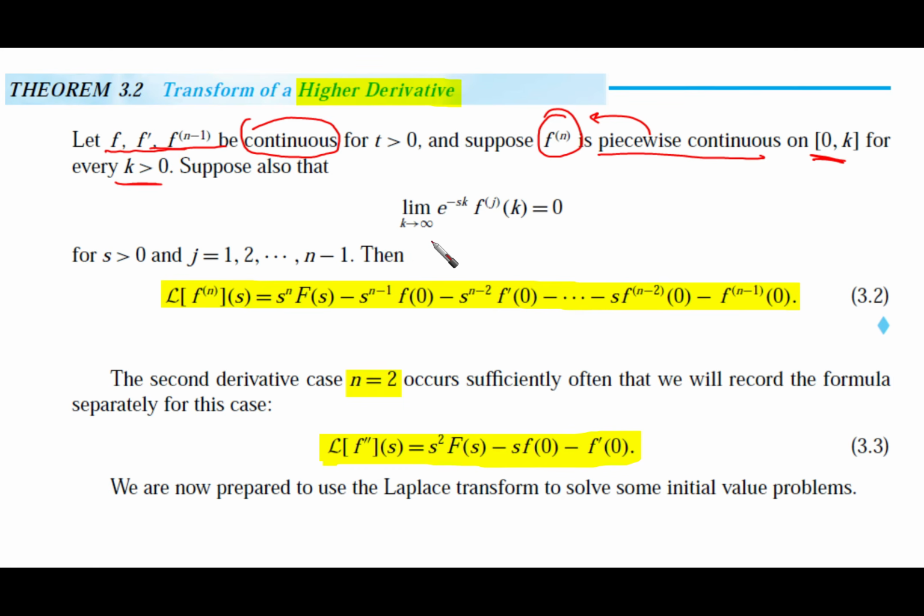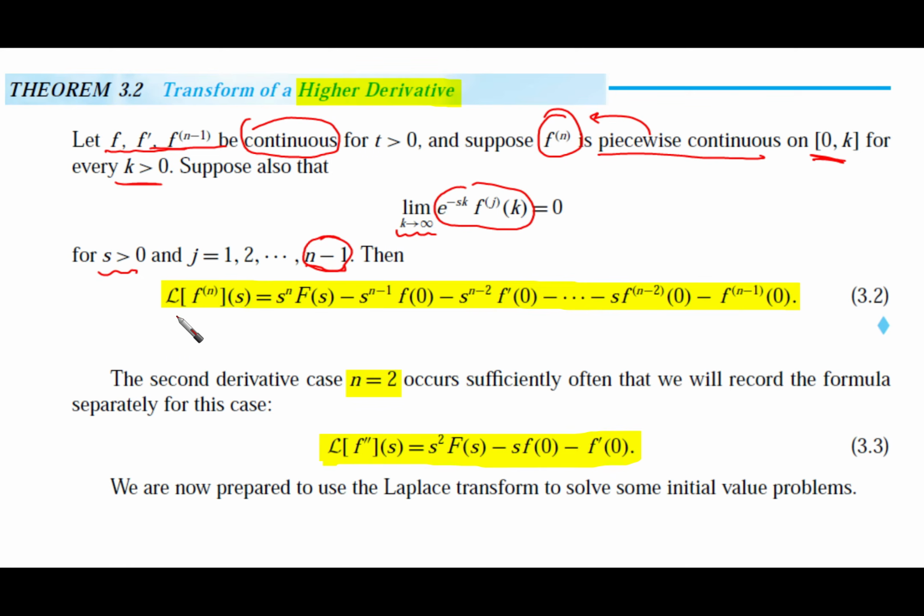Suppose also that the limit of e to the minus sk times f^(j)(k) equals 0 when k approaches infinity. This is for s larger than 0, and j from 1 to n minus 1. Take care, it is n minus 1, not n.